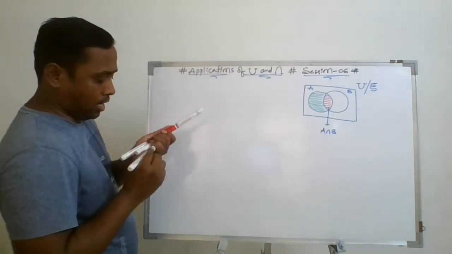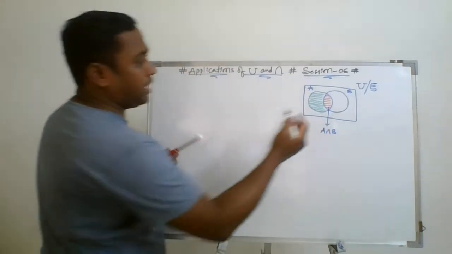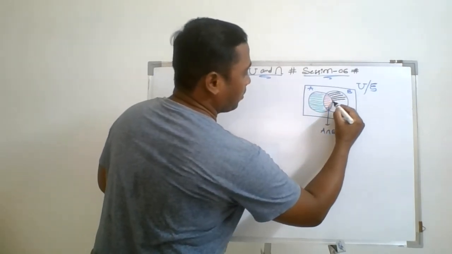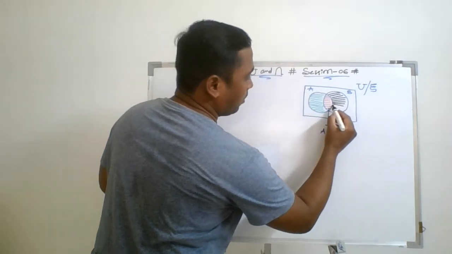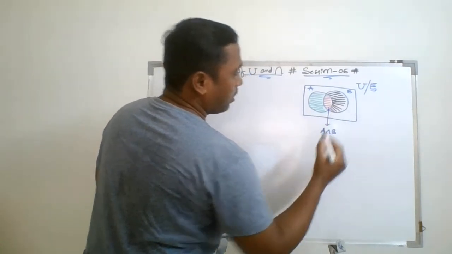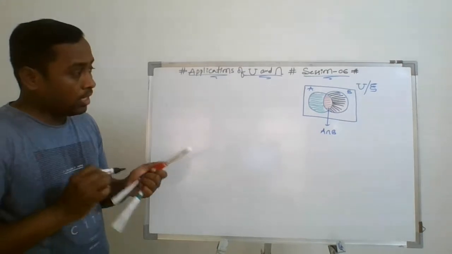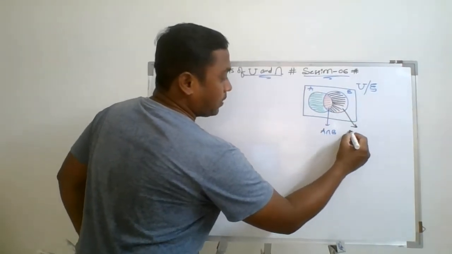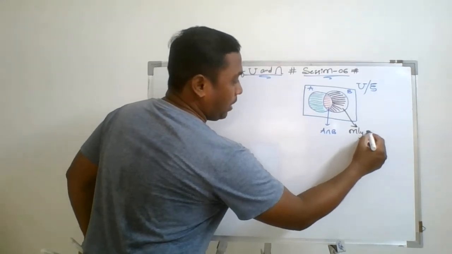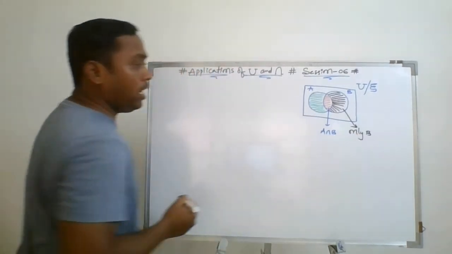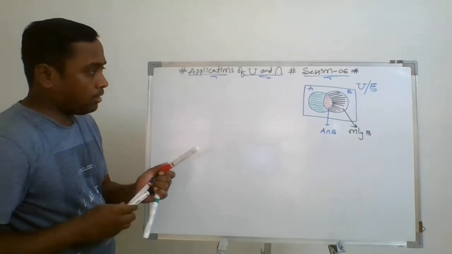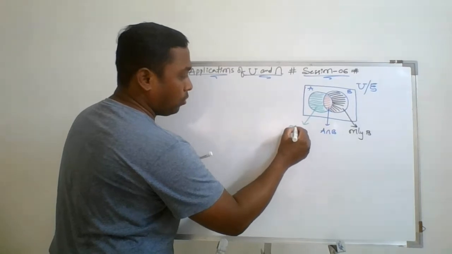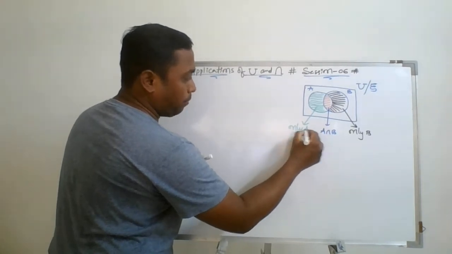Only A, and the black shaded portion is representing only B. Am I right? As you know it very well, I'm just trying to present the things beautifully. So the black portion represents only B, and the green portion represents only A.